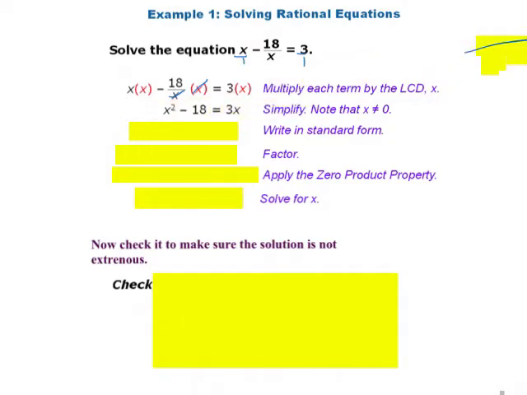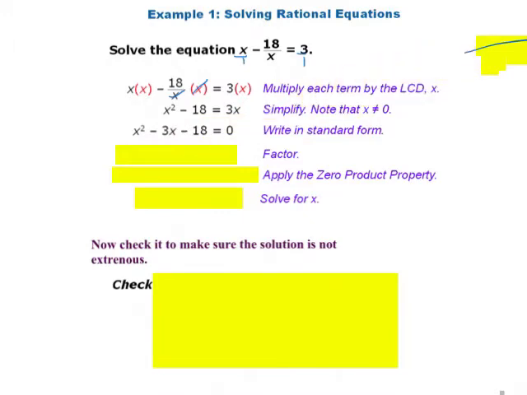So x squared minus 18 equals 3x. Now, at this point, I can see it is a quadratic equation. How do we solve quadratic equations? Well, notice I have a linear term, so I need to get everything to one side. So let's go ahead and subtract 3x from both sides. It's going to look like that.